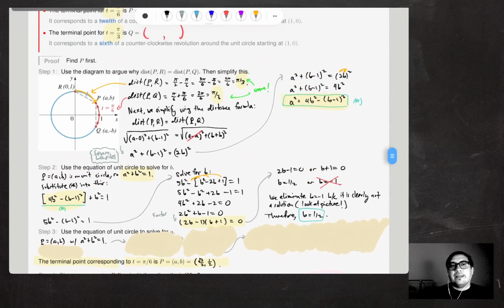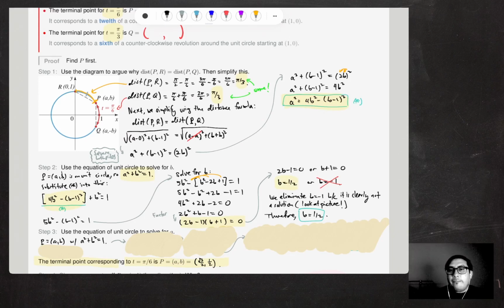Remember, b is supposed to be the y-coordinate of what we would get as the terminal point if we stopped at pi over 6 in the positive direction. So we already know, even before the calculation, that the b has to be positive, so I can basically eliminate this root. Solving the other equation gives me that b is 1/2.